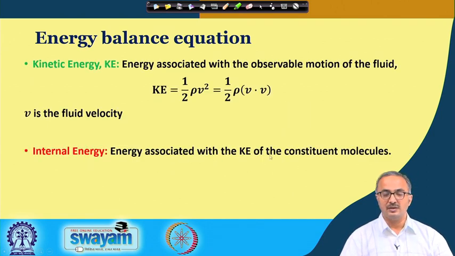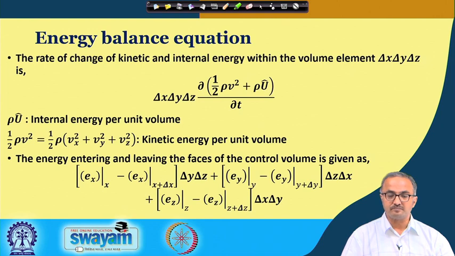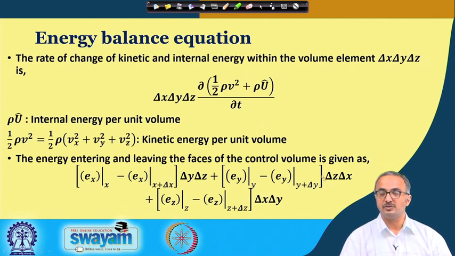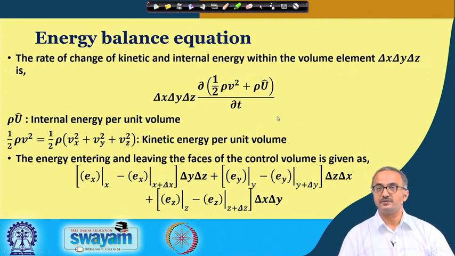And here I have shown how we put the kinetic energy per unit volume, and then we have the internal energy which is due to the temperature of the system. Now, to find the total rate of change of the energy in the system, we multiply by the volume, because these are volume specific values.